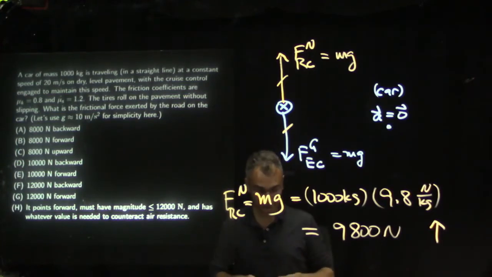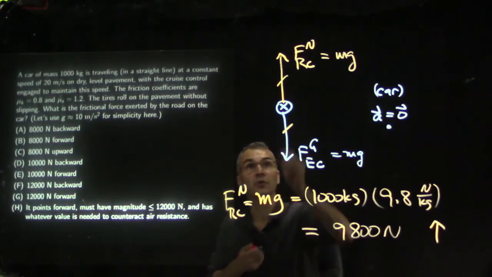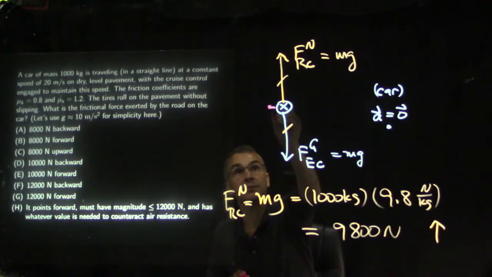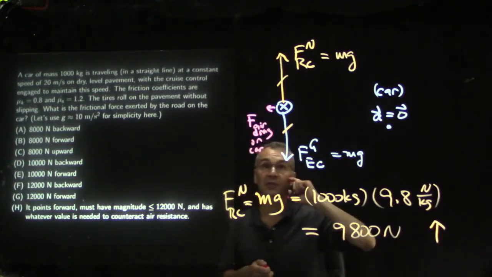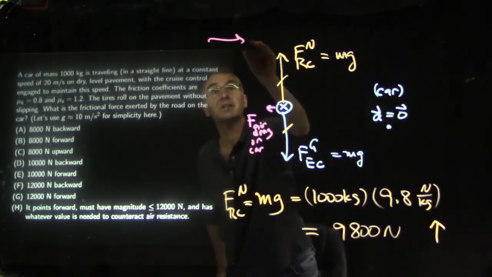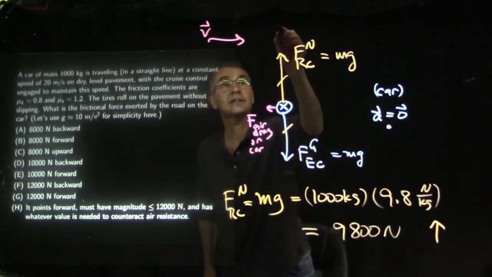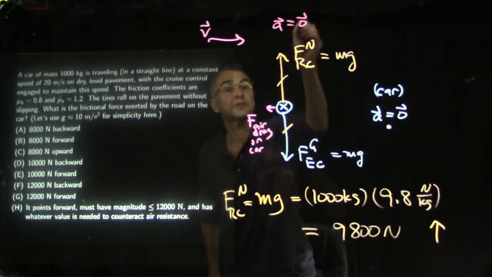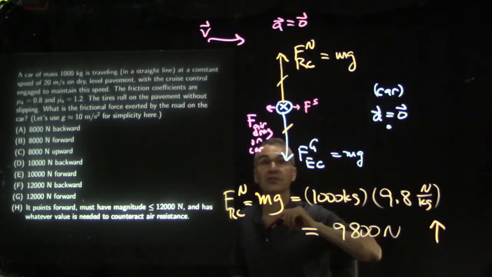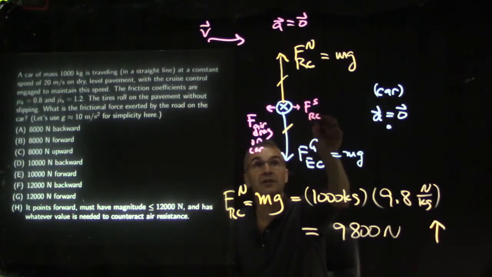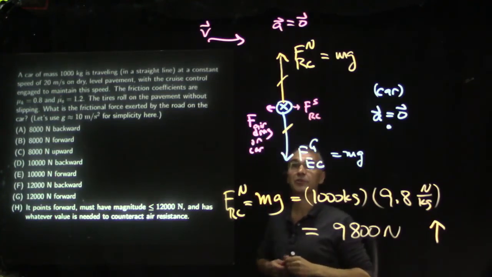Now, if you say that there is a tiny little force backward from air drag, which would oppose its velocity, let's suppose that the velocity is pointing to the right and the acceleration is 0. Then to compensate for the air drag, there would have to be a tiny force of static friction by the road on the car, just enough to compensate for air drag.